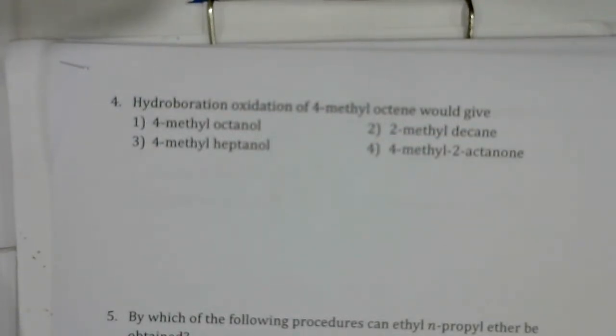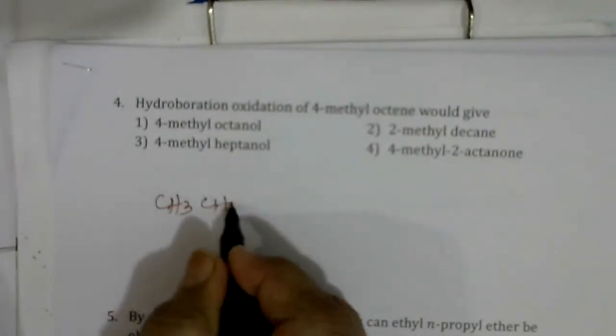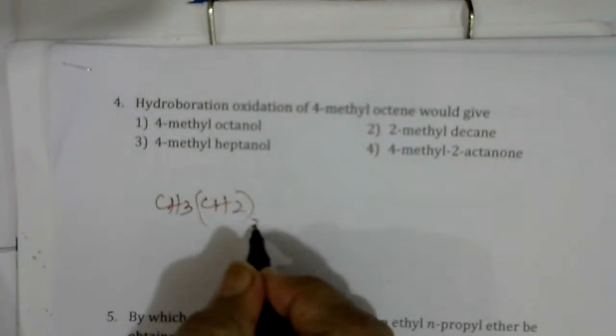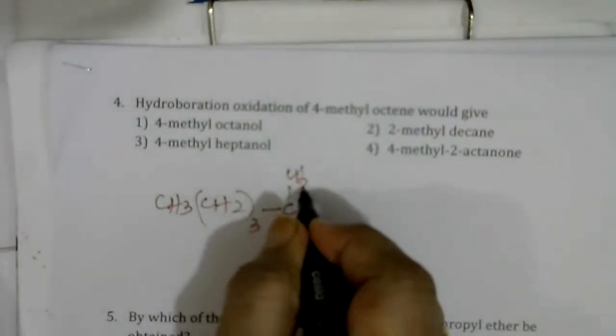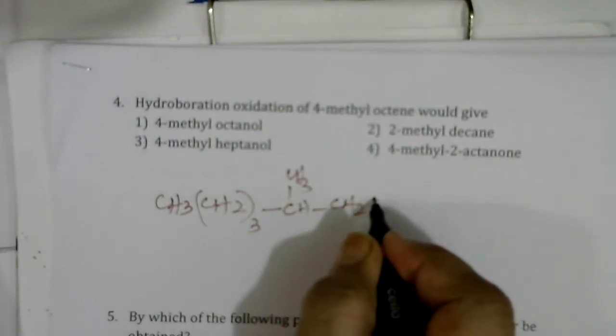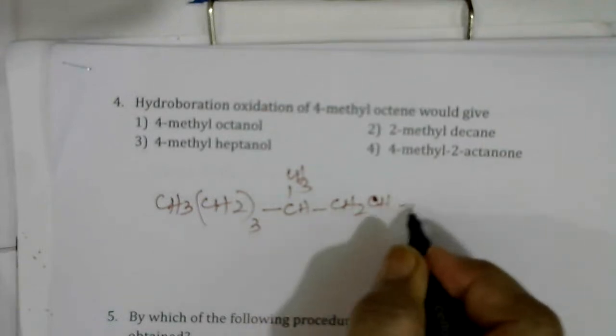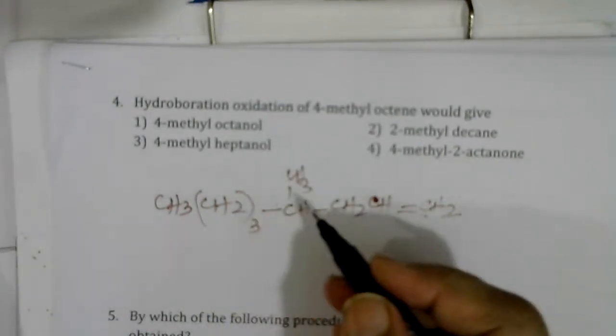What did they say? 4-methyl octene. We will write the structure: CH3, CH2 three times, that becomes butane, then CH(CH3), CH2, then CH=CH2. 1, 2, 3, 4. 4-methyl octene.